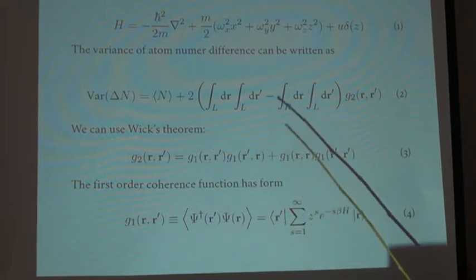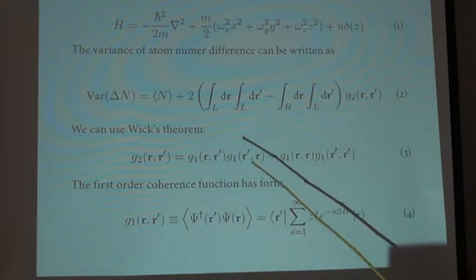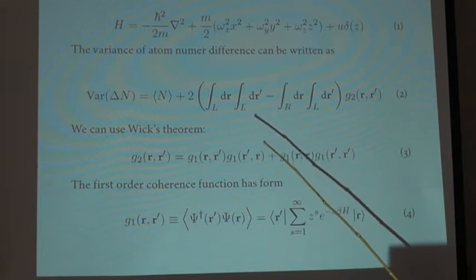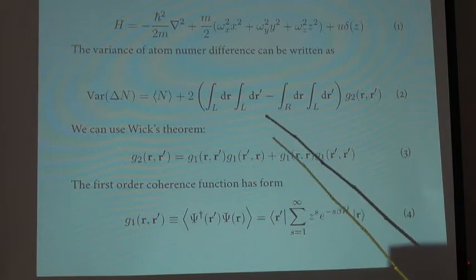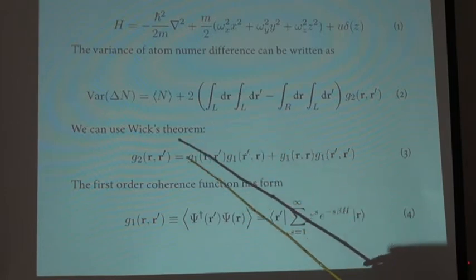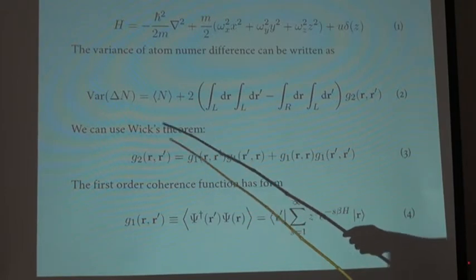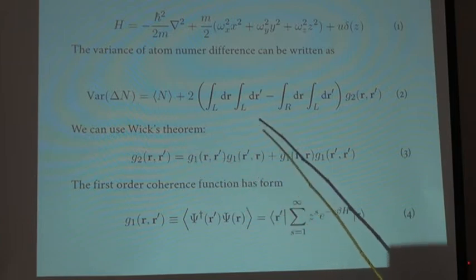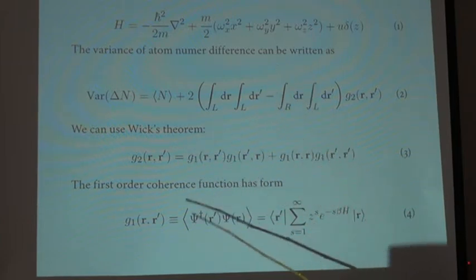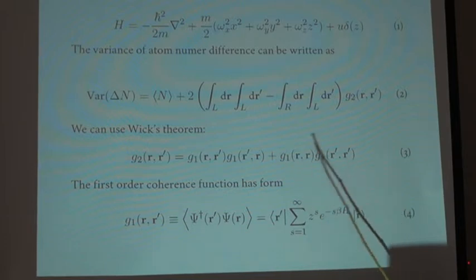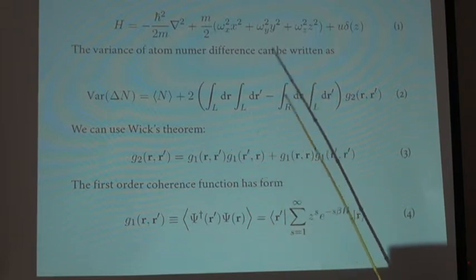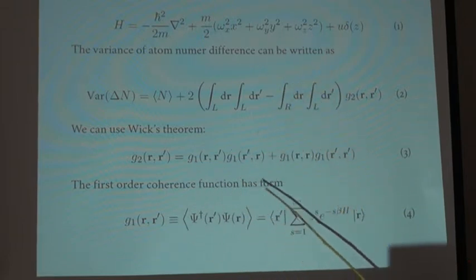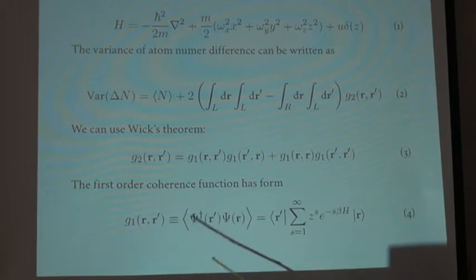Then, because in the grand canonical ensemble the density operator is Gaussian, we can decompose our second-order correlation function into first-order correlation functions. So we can see that this can be seen as a classical term, and this as a term from exchange symmetry.